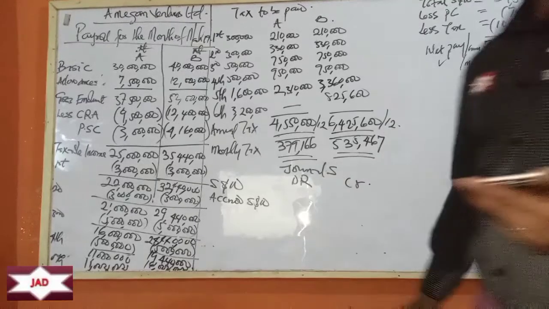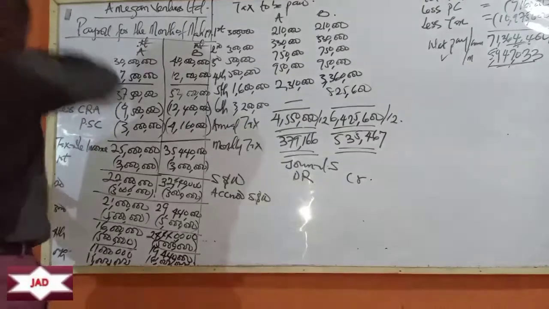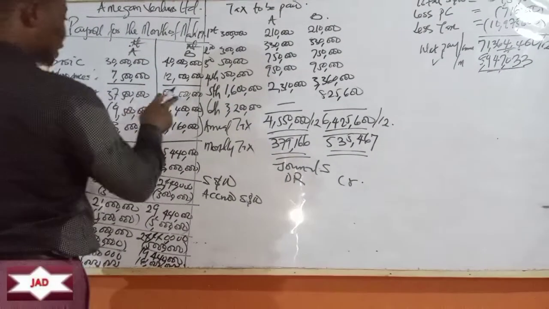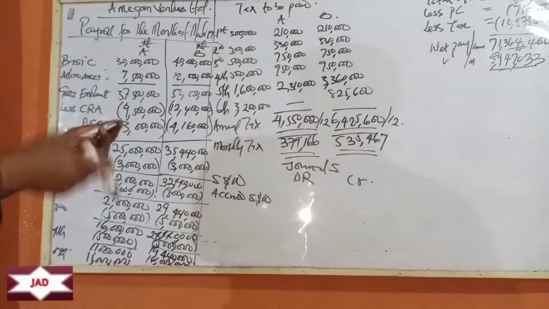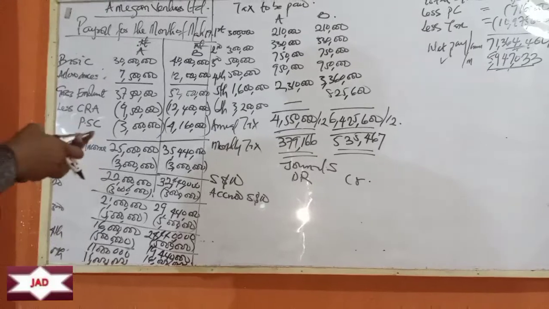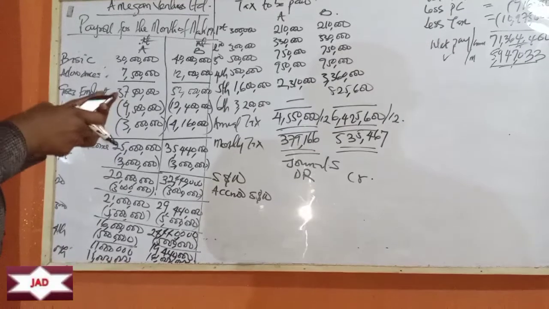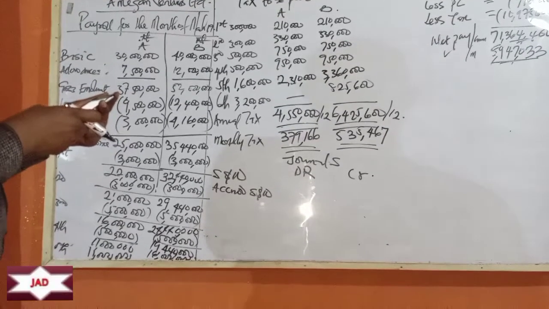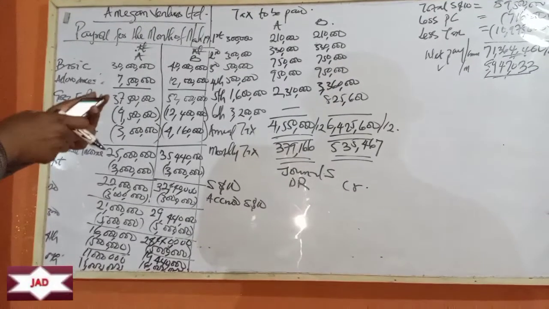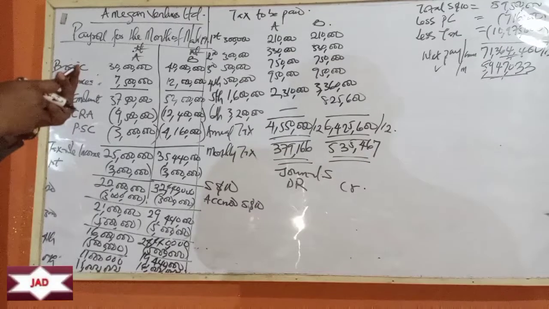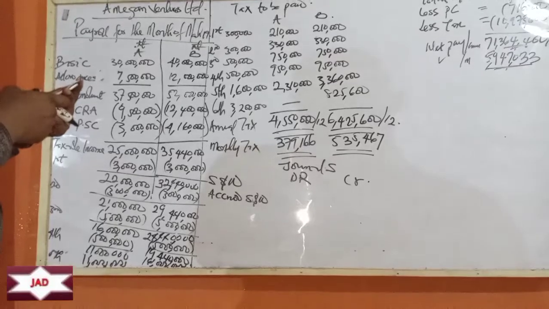This is their net pay per month. Remember, I'm paying the account on a monthly basis. So salaries and wages per month will be this plus this divided by 12. Do you understand? So we have 89,500,000 divided by 12.